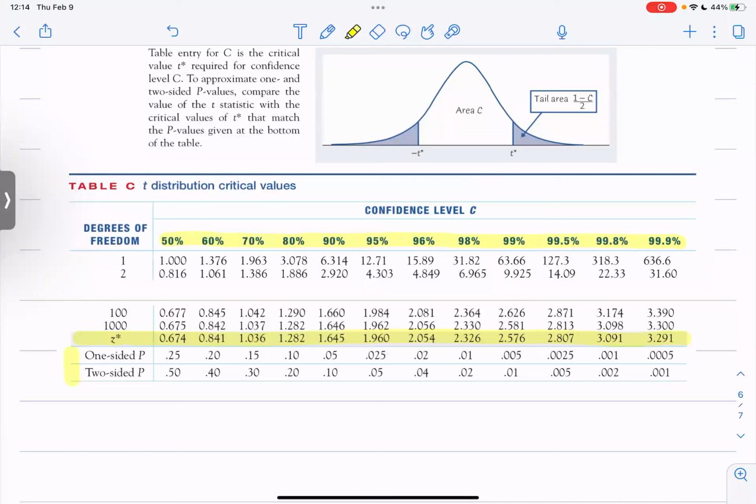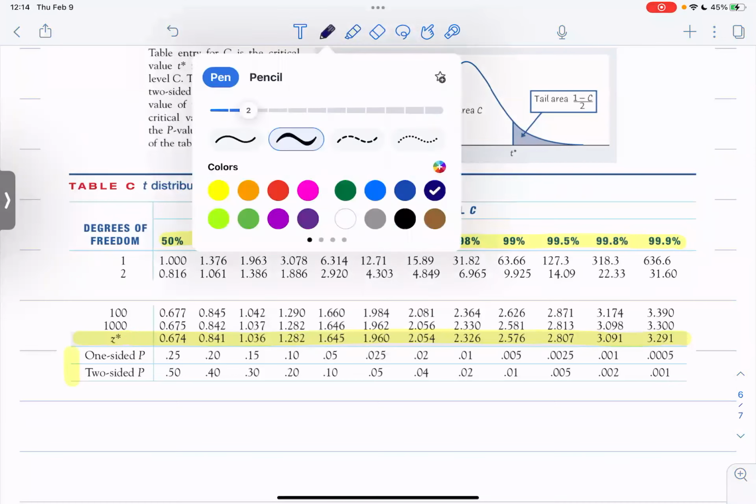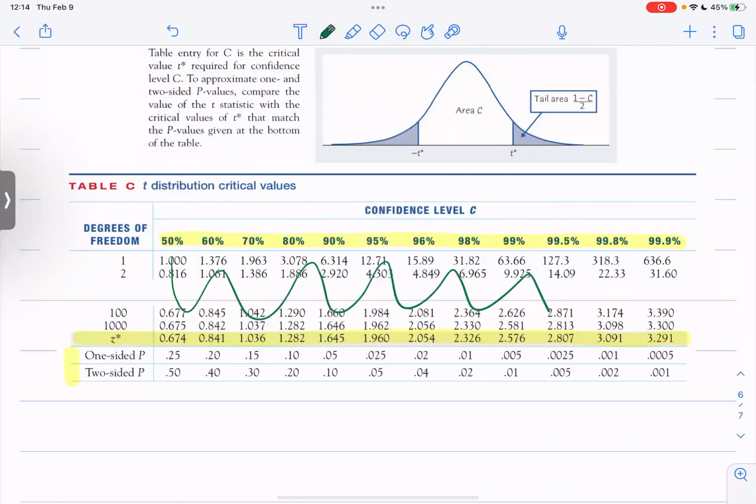I'll show you what they both mean. But our focus here is going to be on the Z star. So that's our Z row. Everything else for now, just ignore, especially these degrees of freedom as well. They don't mean anything to us right now.